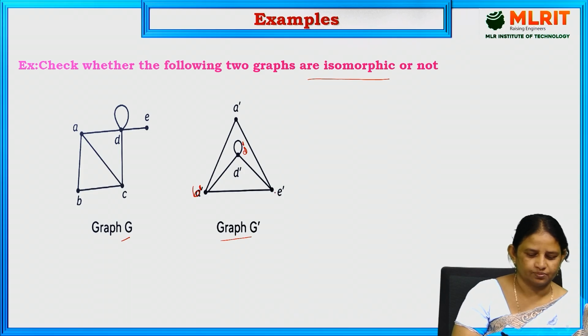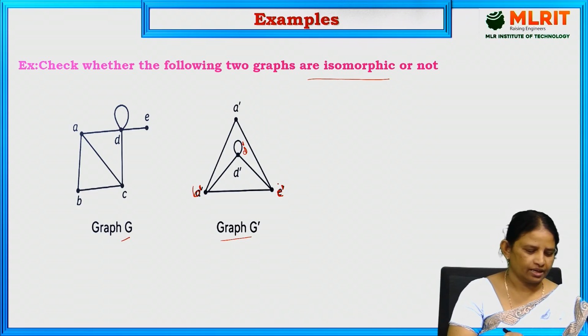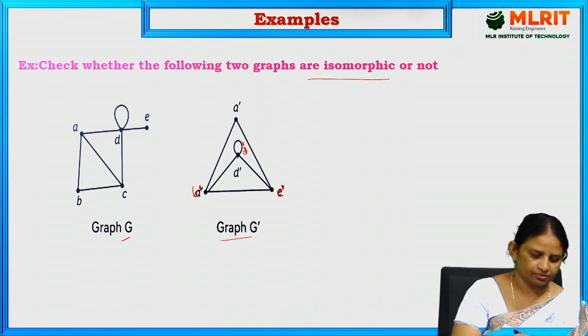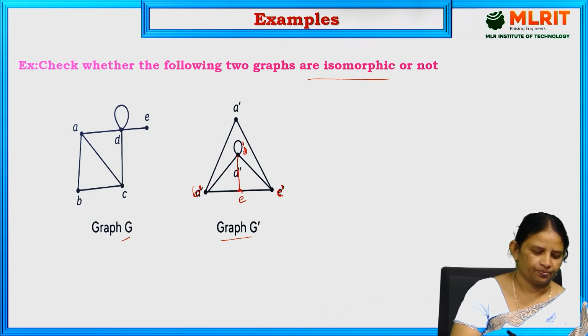After that, this is C dash. Then E dash, that means D to E, which by mistake is not there. This is E dash.